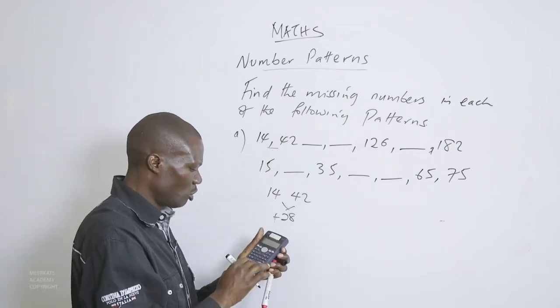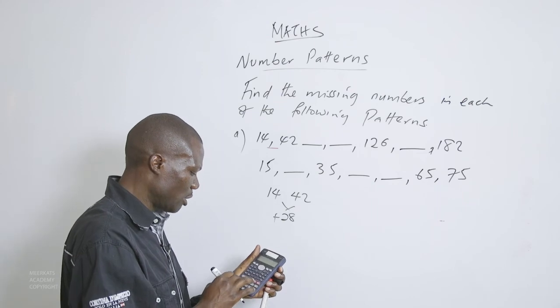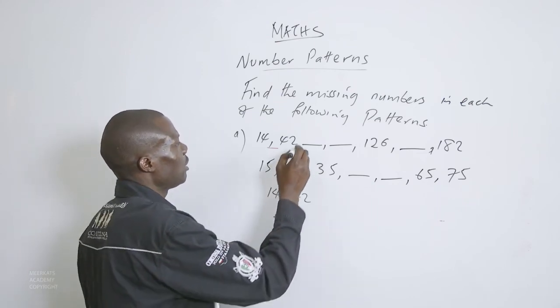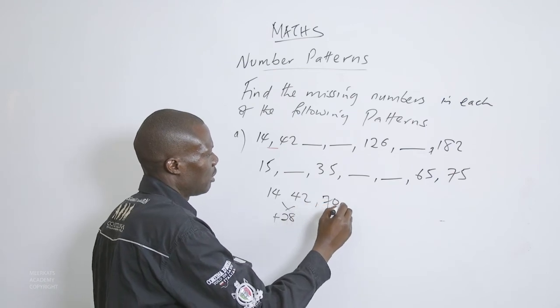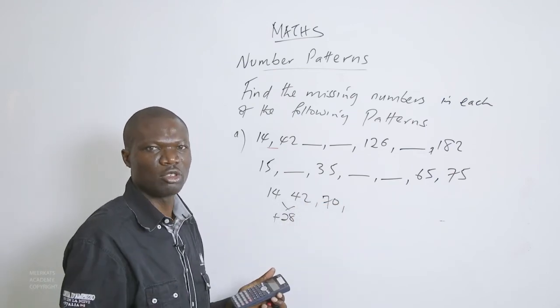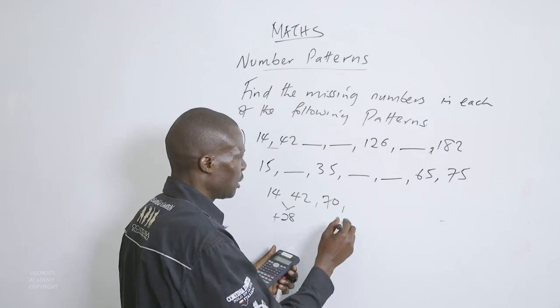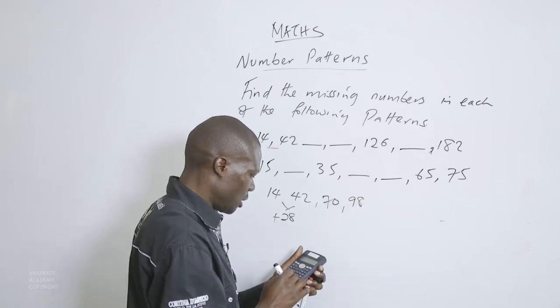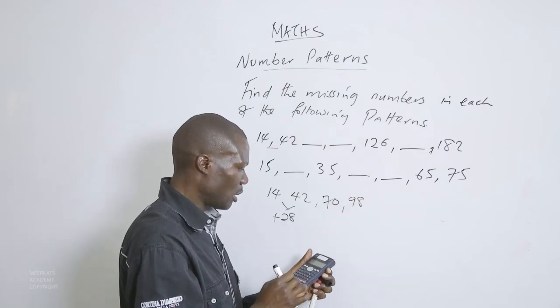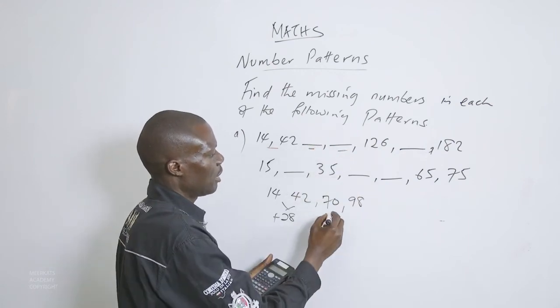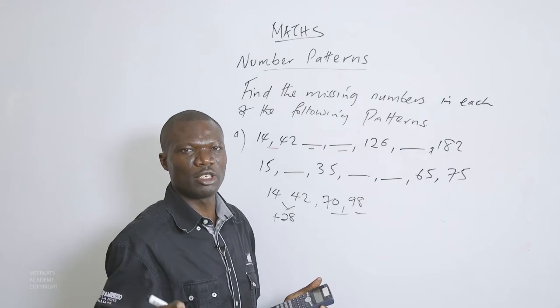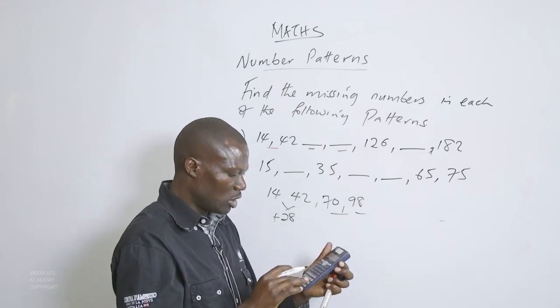So 42 plus 28 we get is 70. 70 plus 28 is 98. And then 98, so we are filled here. 98 plus 28, will it give us 126?